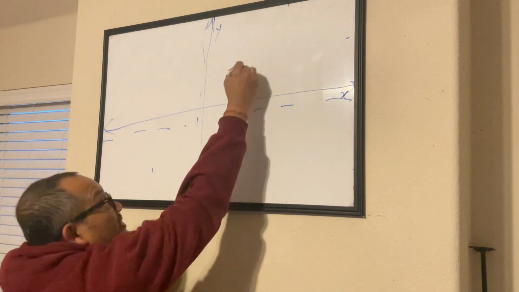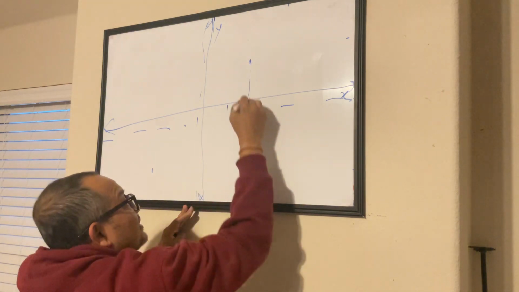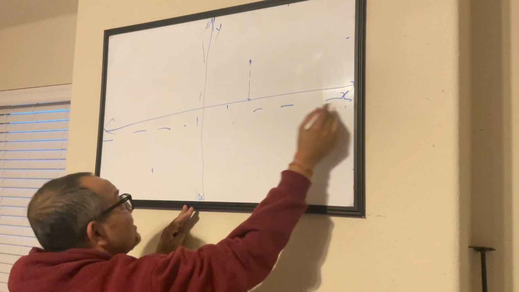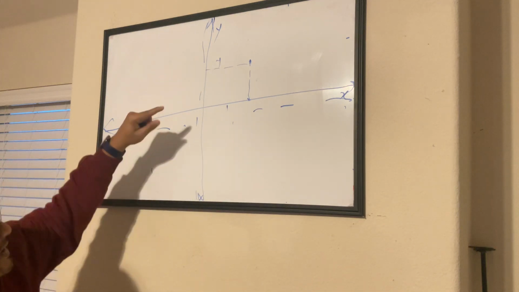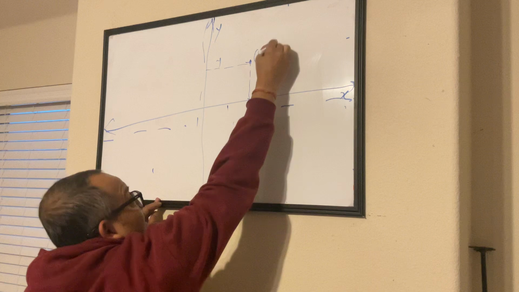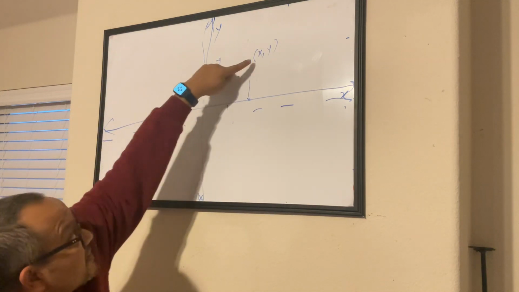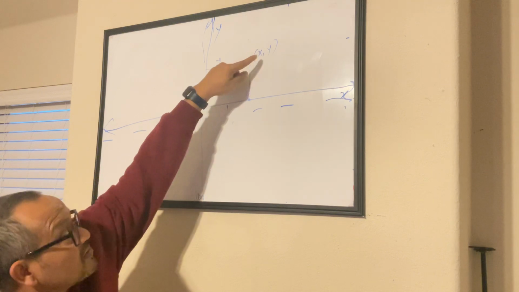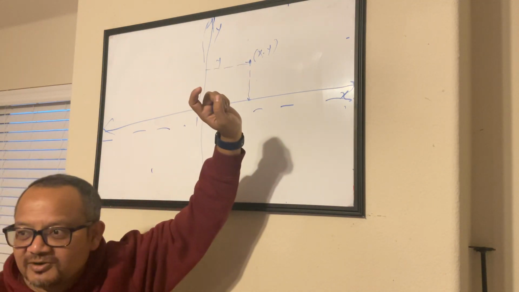If you talk about this point, you say it is this far from the x-axis and this far from the y-axis. So this point has 2 places, called the x and y coordinates. The distance on the x-axis from here to here is the x coordinate, and from here to here is the y coordinate. Am I going too far, too fast?